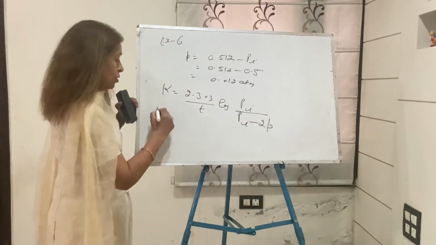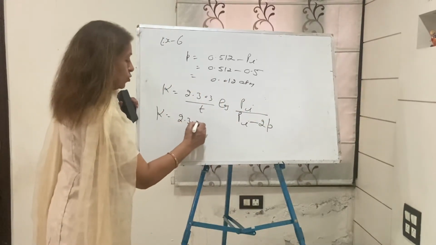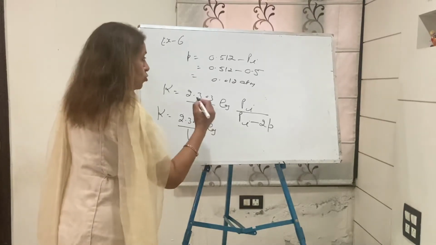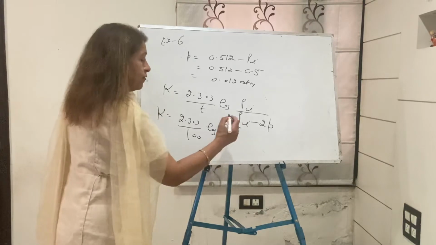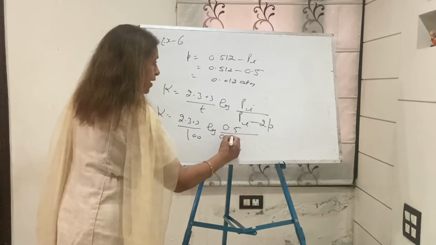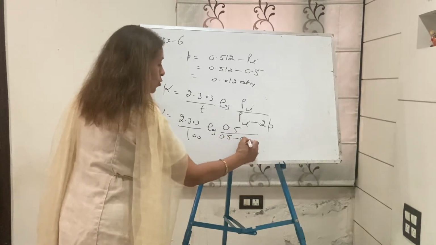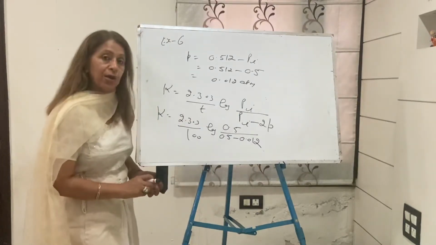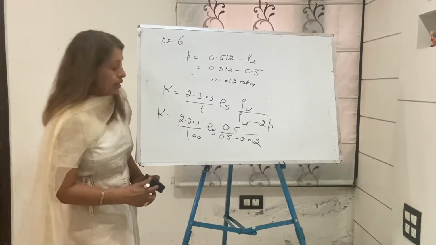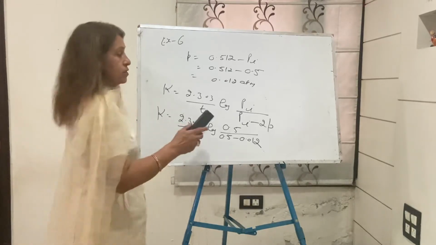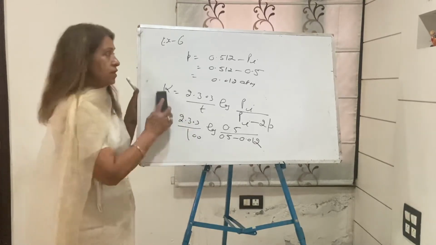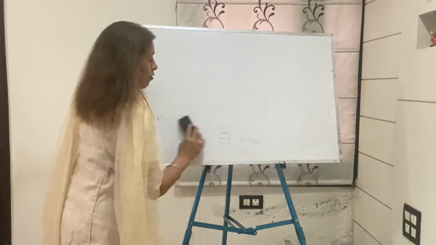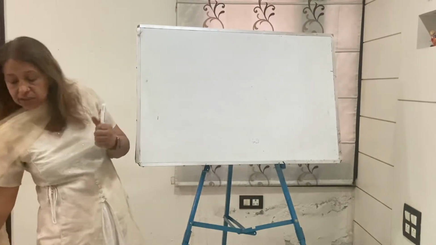You put the value: K is equal to 2.303 by 100 seconds log, Pi was 0.5 and here it is 0.5 minus 0.012. So you take the log and do the calculation, and your K will come in per seconds because 100 seconds is given. Is it okay?